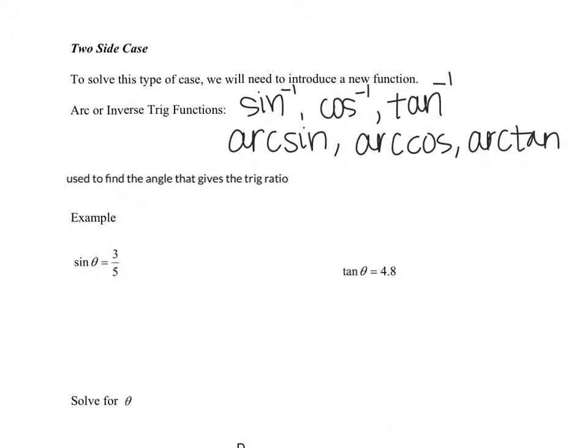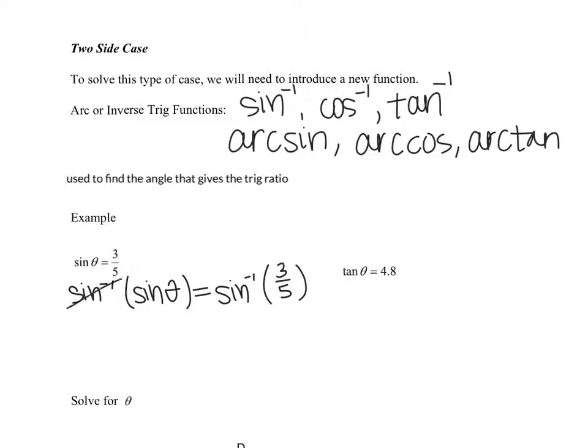So we have sine of theta equals 3/5. We know two sides of our triangle. To figure out what angle would give that trig ratio, we're going to take the inverse sine of both sides. Which inverse function you use is whichever trig ratio you're given. So sine inverse of sine theta equals sine inverse of 3/5.